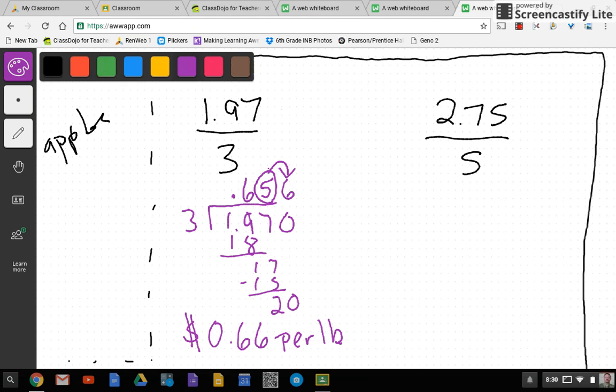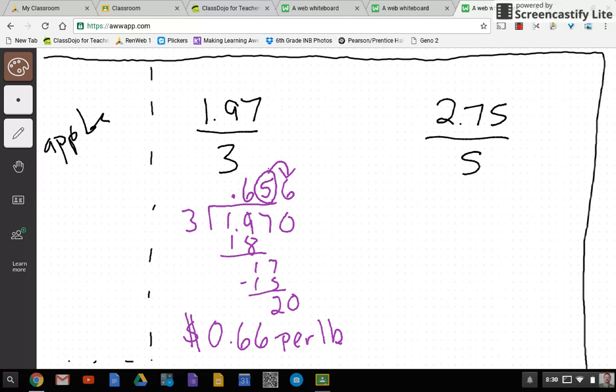Now, in order to find my unit rate for the second one, I'm doing the same stuff. I'm going to take 5 and divide it into $2.75. So that would be $2.75 divided by 5. 5 can't go into 2, but it can go into 27 5 times. Well, I already know my answer right away. And 5 can go into 25 5 times right there.